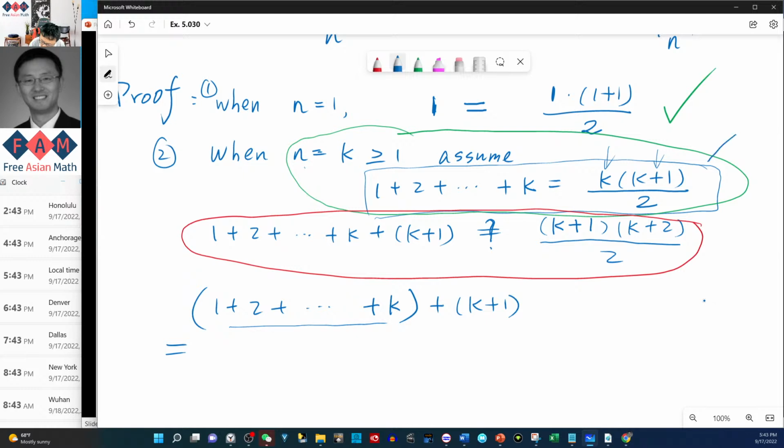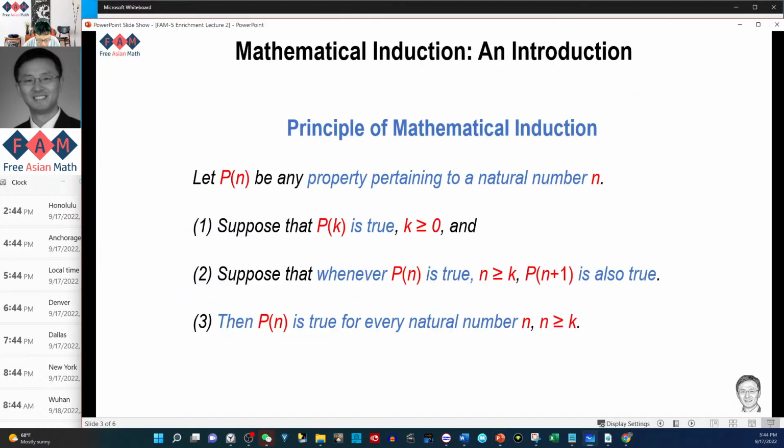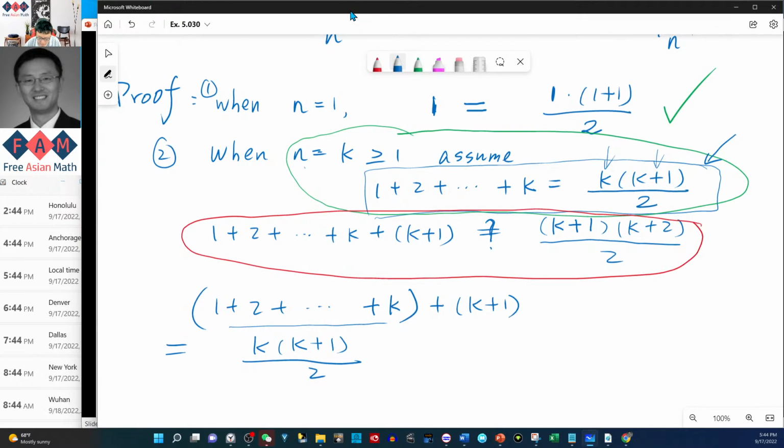By our hypothesis, this just equals k times k plus 1 divided by 2. Remember, this is based on our hypothesis in this induction step. That is exactly what we say. Suppose that whenever Pn is true, so Pn is true is assumed in this step, and that is really critical. If this is true, then we will see what happened.